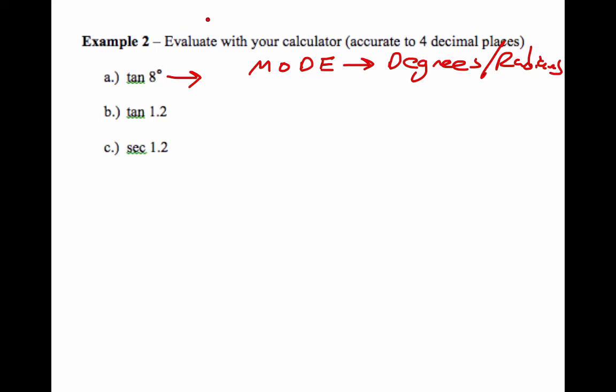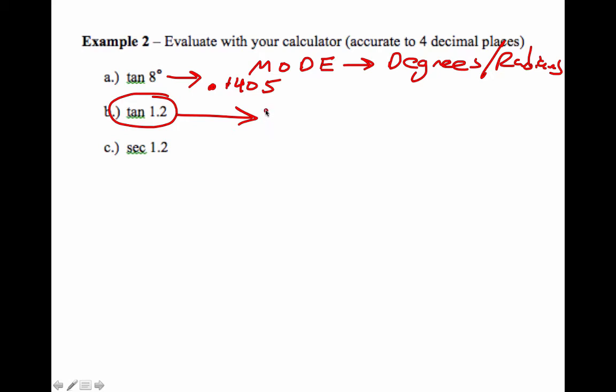I make sure I'm in degrees, and then I type in tangent of 8 degrees. What you're telling me is 0.1405, to 4 places. That means that if I had a triangle with an 8-degree angle, the opposite over the adjacent would simplify to 0.1405. This one is in radians. There's no degree symbol.